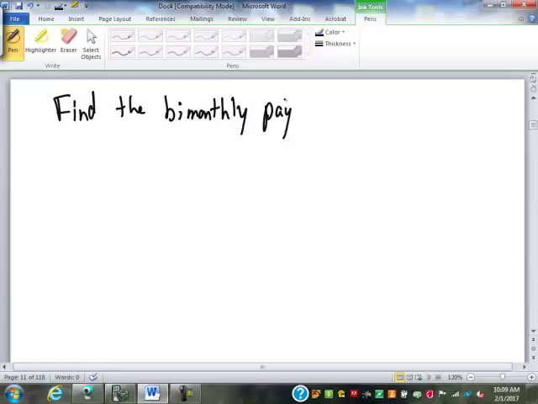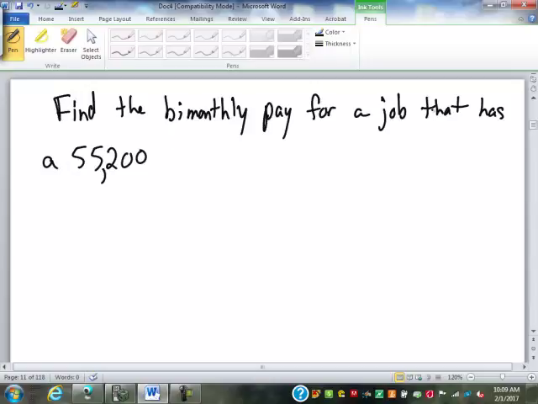Now, bi-monthly means twice a month, 2 times a month, for a job that has a $55,200 annual salary. So find that bi-monthly pay quick.